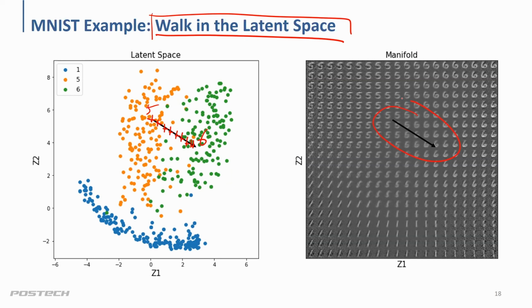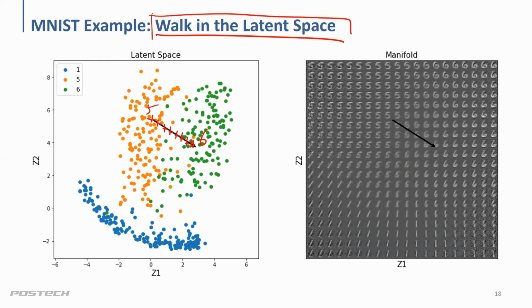And I'm hoping that if you walk in the manifold, or in the latent space, there is a smooth transition, and you guys can see the transition from 5 to 6 in the MNIST data set.